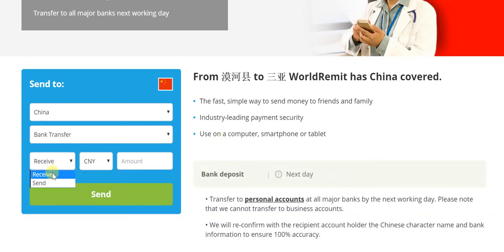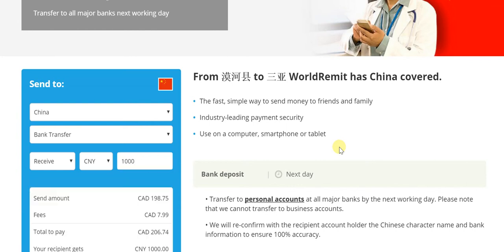Between send and receive, we'll focus on receive because we want to know exactly how much the recipient in China will receive in Chinese yuan. So let's take a relatively nominal figure of say 1,000 Chinese yuan, which the recipient in China is to receive.